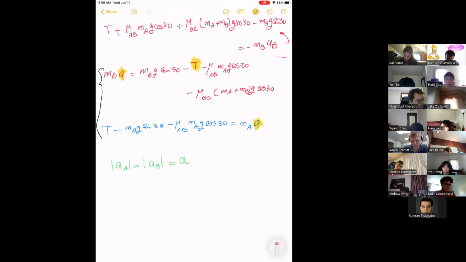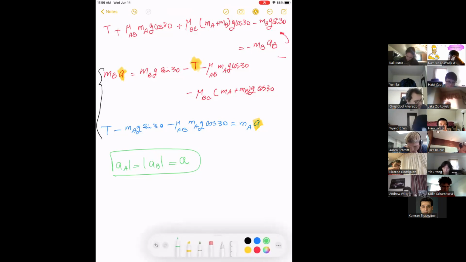Remember, when you write this, you neglect the direction, just the magnitude, okay? If you solve this, I guess you can complete it later because I want to save some time.